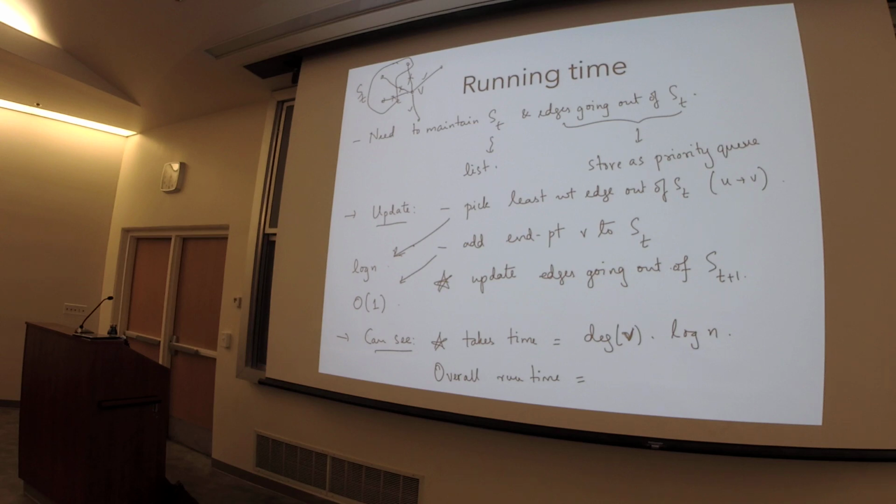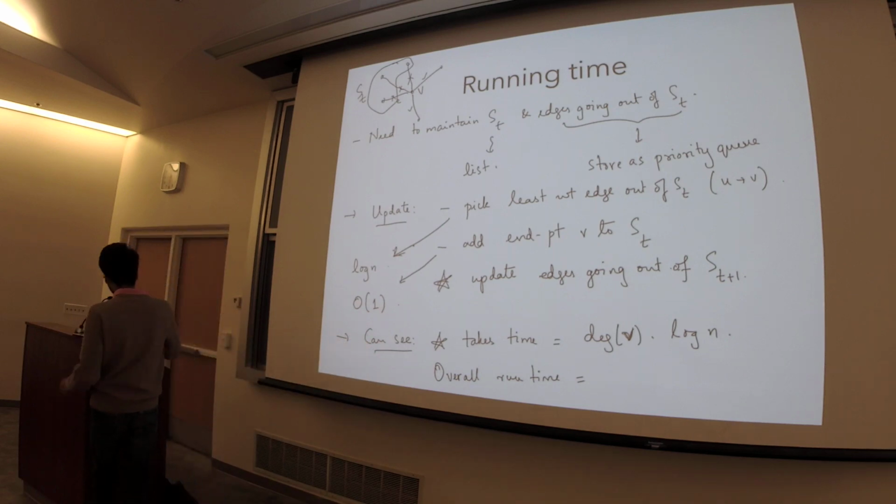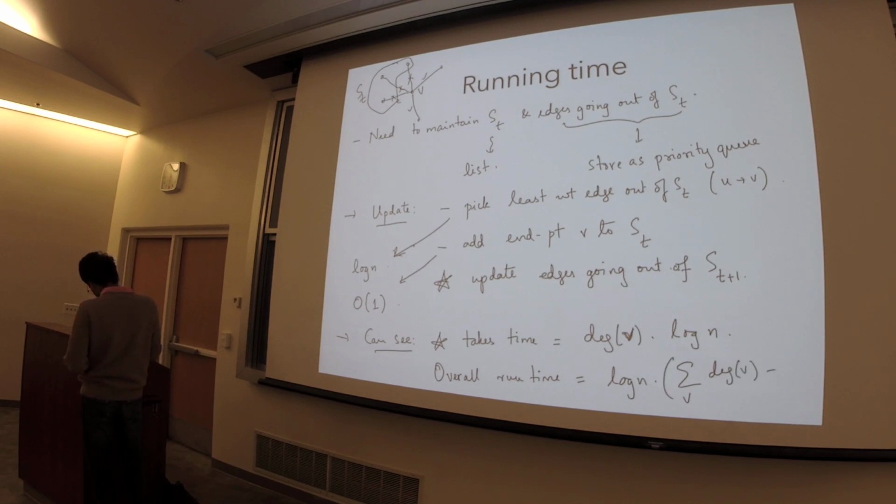Next time you add some other vertex, you pay cost equal to the degree of that times log n, and so on. So the overall running time is log n times the sum over v of degree of v, and plus some constants, right? Because these steps take some constant time, plus 1.